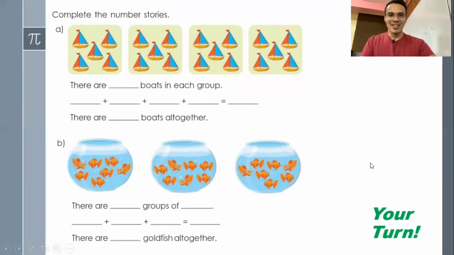All right, time is up. Let's see if you are able to answer all these questions correctly.